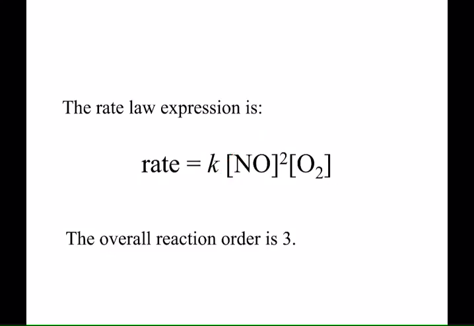Oh, one thing before I go, and we're going to take a look at why this is significant with regard to this particular problem. Remember the overall reaction order in this case is M plus N, which is 2 plus 1, which is 3. That actually has consequences.